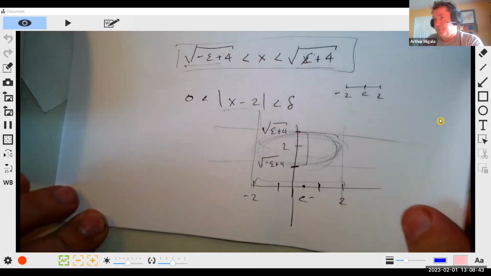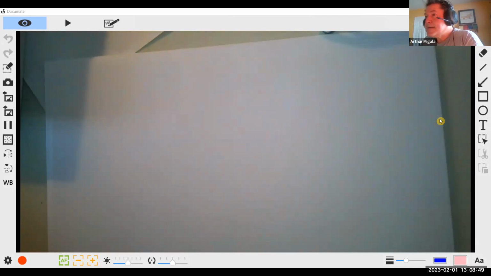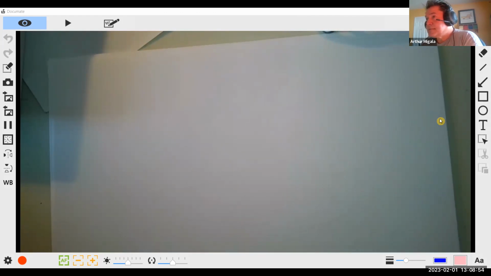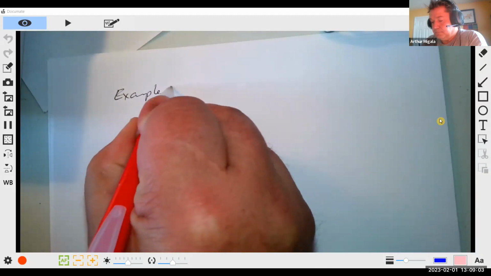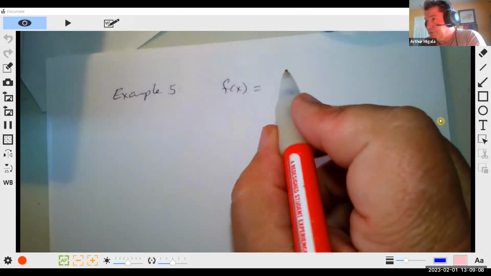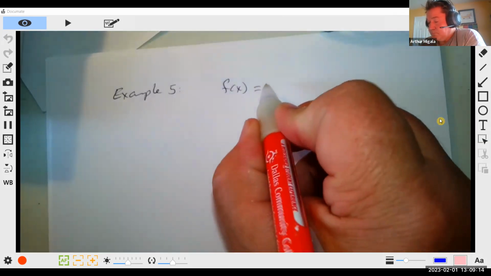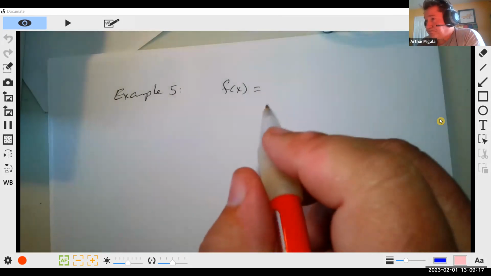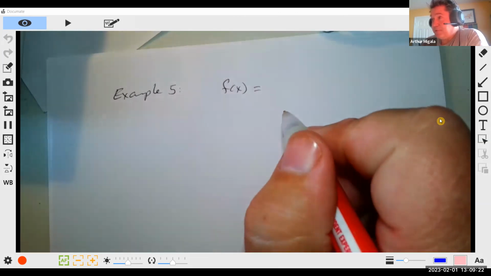Let me find an example from the end of the section. Our question. f of x equals... What if I gave you an epsilon?